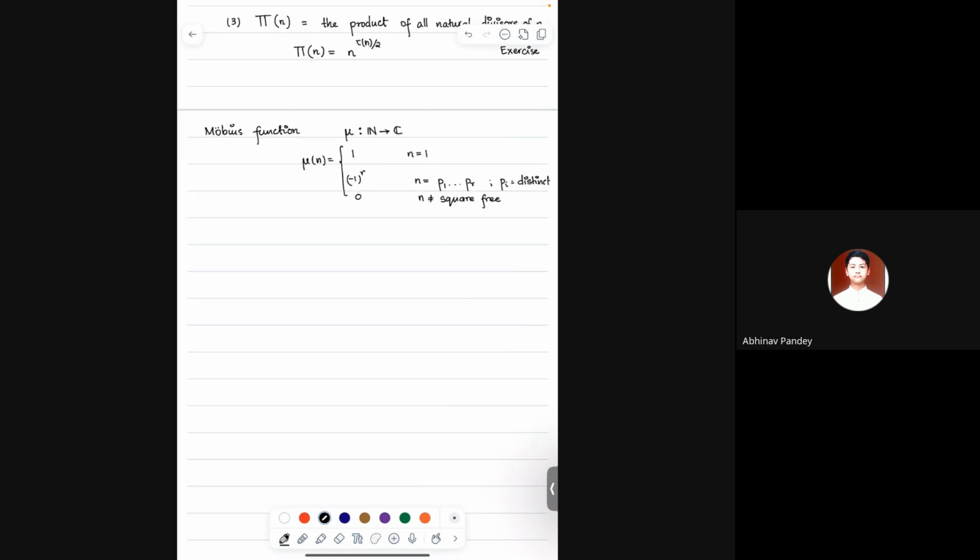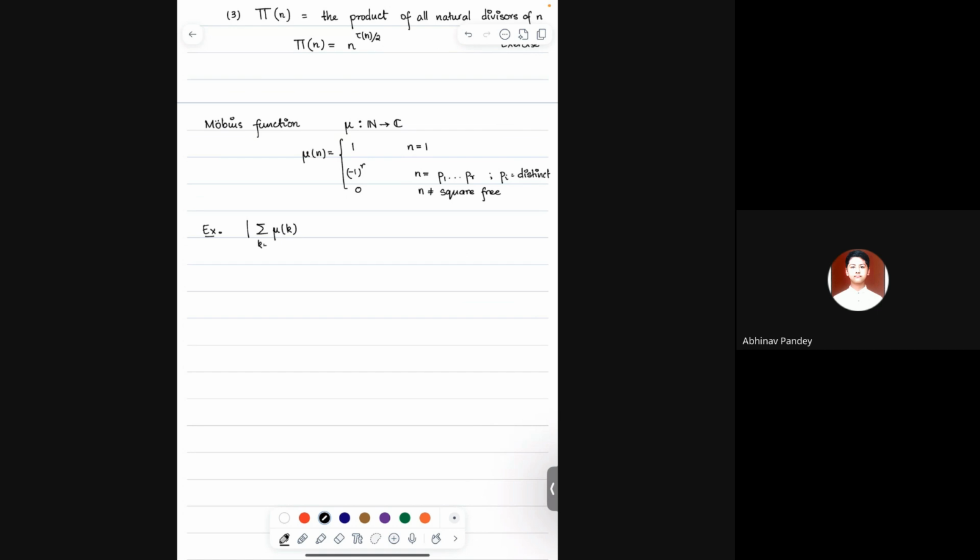And if you are getting really bored during this talk, then I have an exercise for you, which is: the summation of mu k, summing k from 1 up to n, is less than or equal to n to the power of half plus epsilon for epsilon positive.